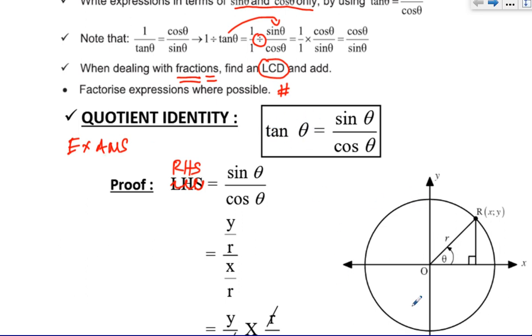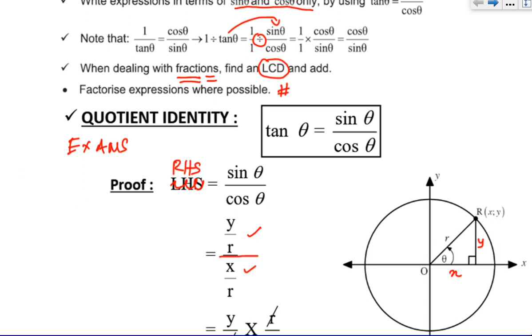So let us go. We take a diagram. We take any angle. It could be an acute angle or it could be an obtuse angle, and it is created by a point, which is x and y. So therefore that's r, that's y, that's x. So we get sine theta is y over r and cos theta is x over r. Exactly what we have here.